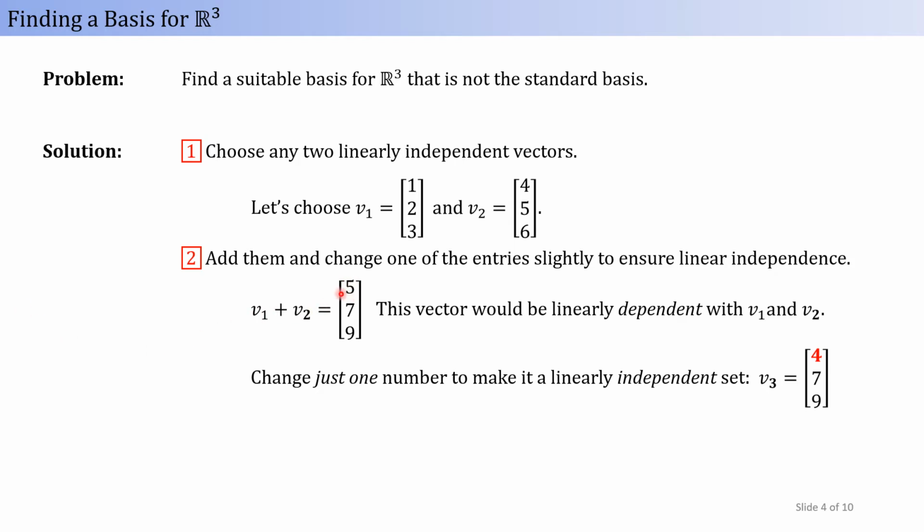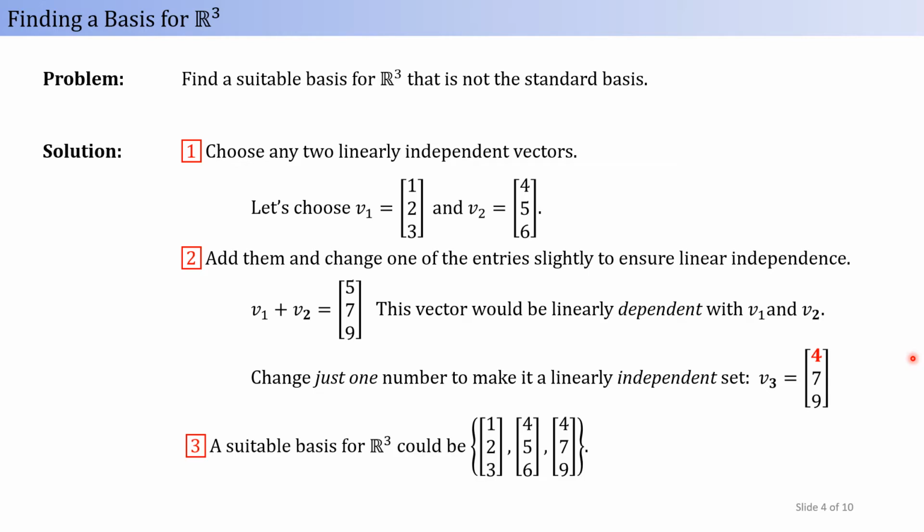Like this 5, for example, you could make it a 4. And basically that ensures that the three vectors are now linearly independent, so together they create a basis. And if you wanted to prove that they're linearly independent, remember you could put them in a matrix and row reduce, and you would notice that you get a pivot in every column.